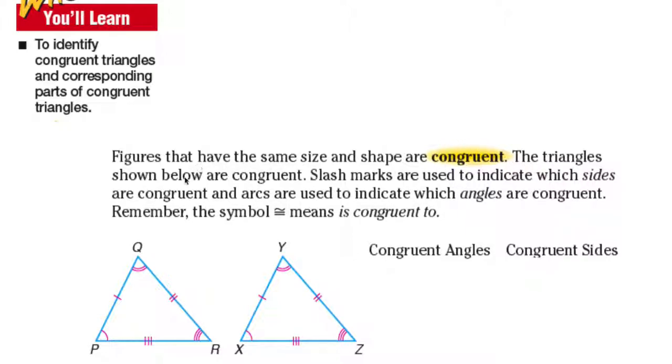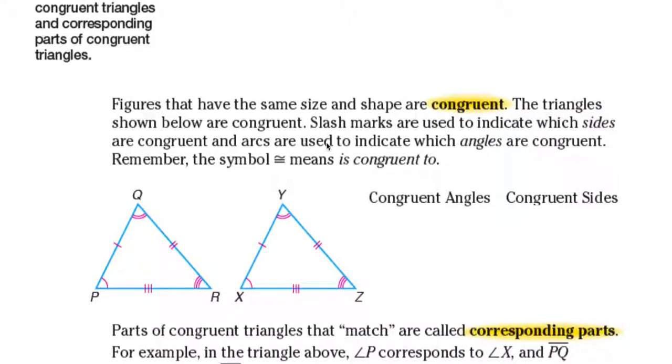The triangles shown below are congruent. The slash marks are used to indicate which sides are congruent, and arcs are used to indicate which angles are congruent. Remember, the symbol, an equal sign with a squiggly line on top, means "is congruent to."